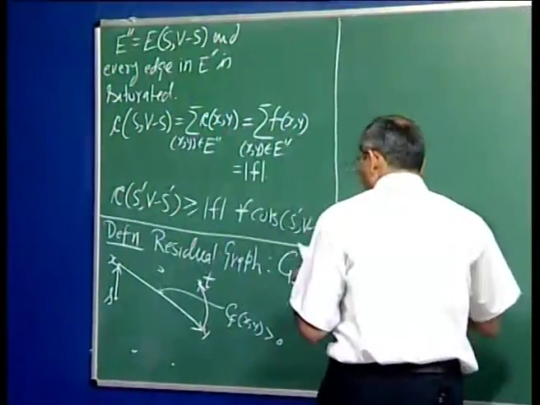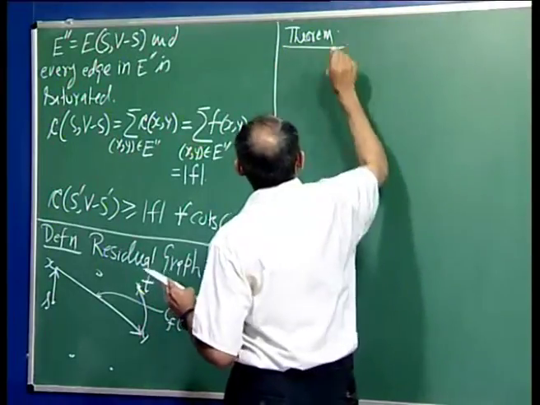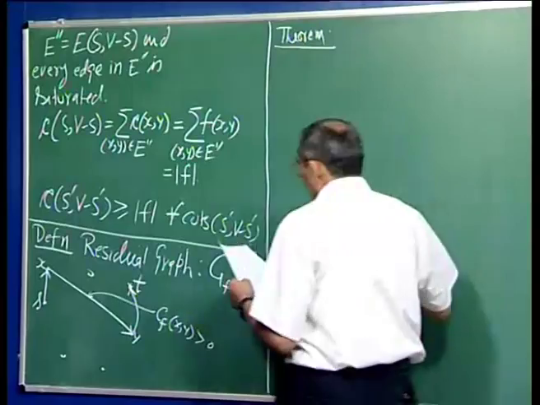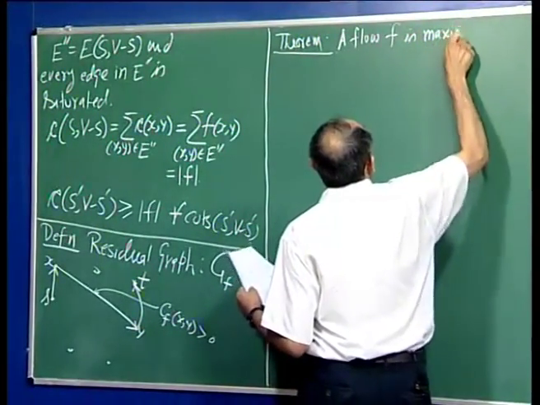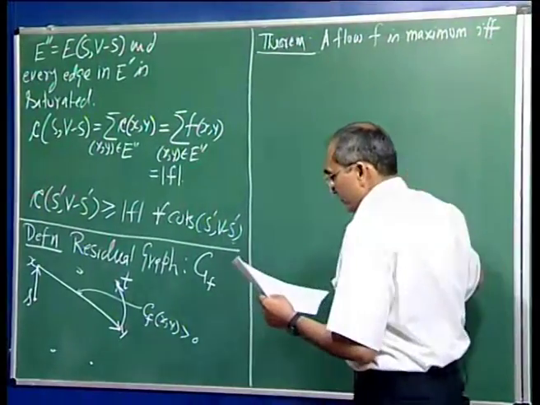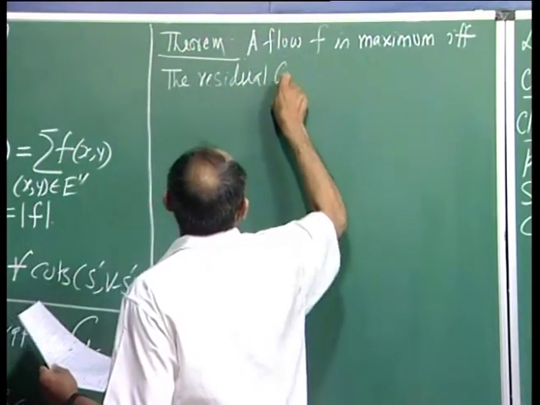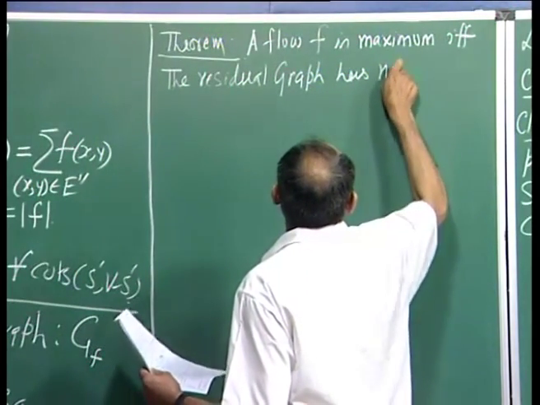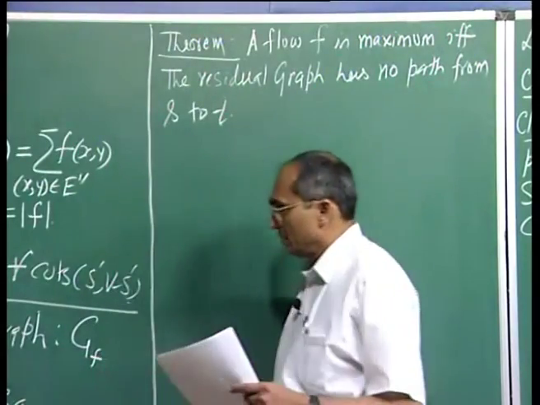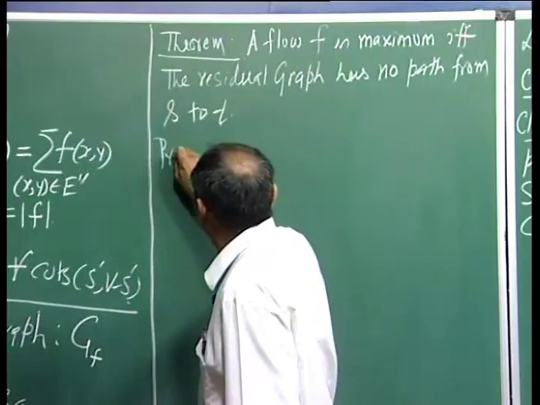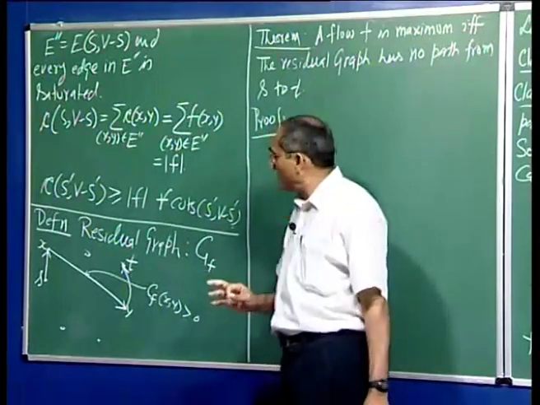So, now we have a theorem that says that a flow F is maximum if and only if the residual graph has no path from S to T. We just saw that in case there is a path, then I can always improve the flow, I can increase the flow.